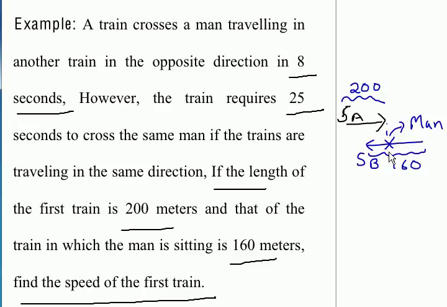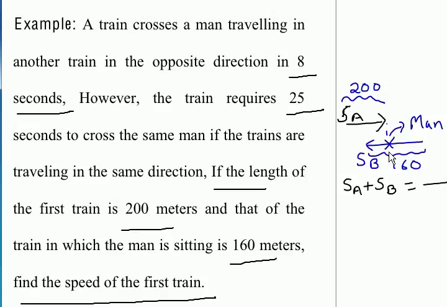So the relative speed of the two trains when they're traveling in the opposite direction is denoted by speed of the first train plus speed of the second train, and this is equal to distance divided by time, since speed is distance over time. So let me first put the time.